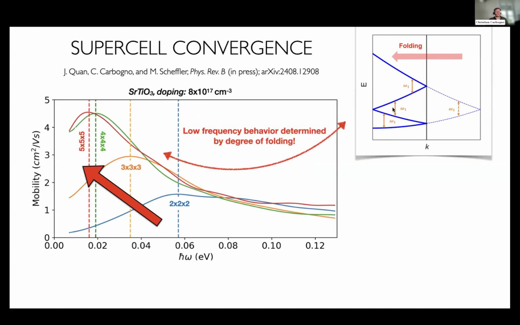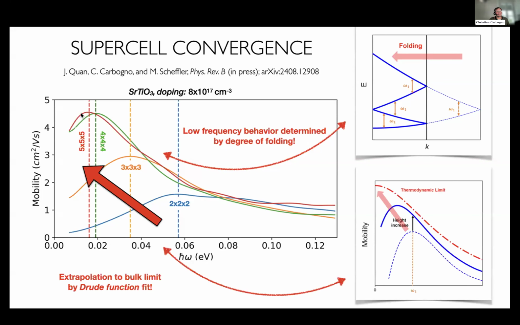In the folded structure, you immediately get more transitions that become possible, and the more you fold, the more effects you get. By then fitting this behavior over different supercells to a Drude function, you can extrapolate to the Drude limit, which gives you access to the zero frequency conductivity.